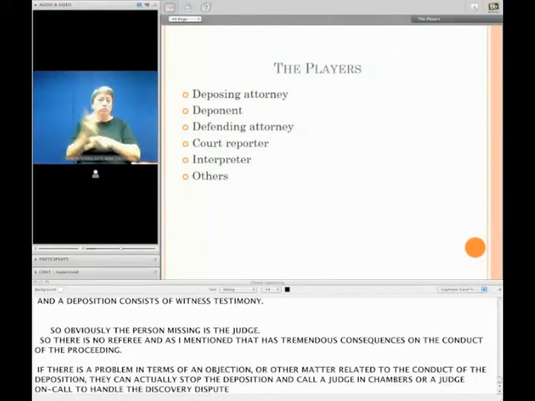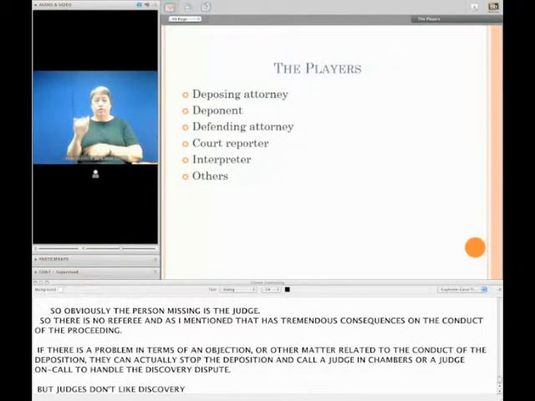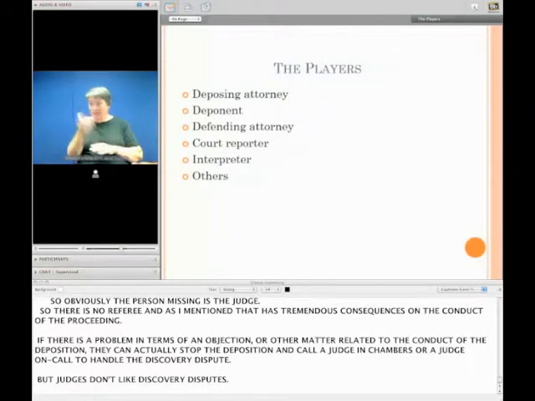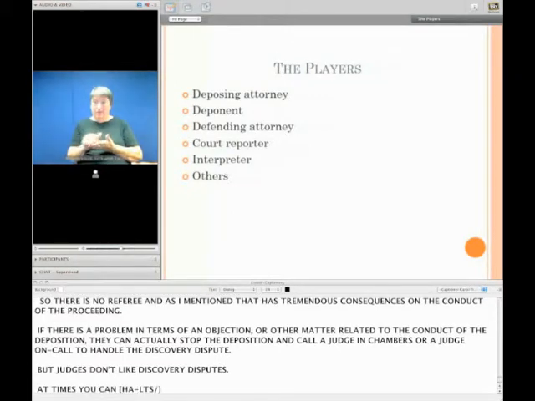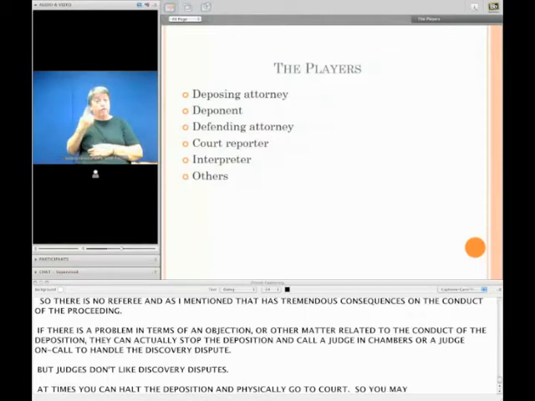But judges don't like discovery disputes. At times, you can halt the deposition and physically go to court. So if you're hired to interpret a deposition, you might actually find yourself in court if there's a problem with the deposition.